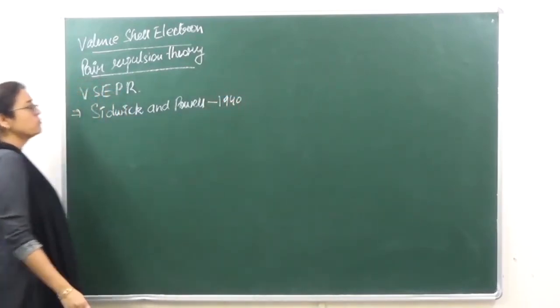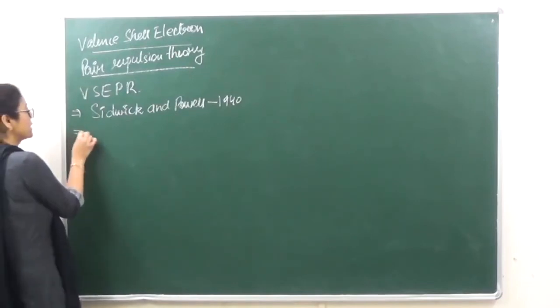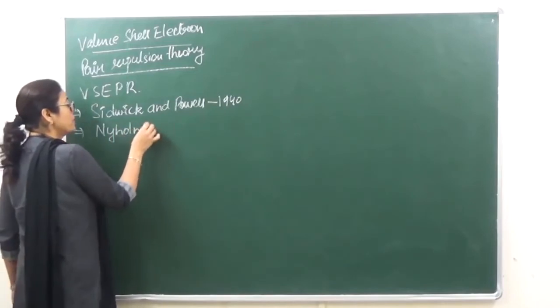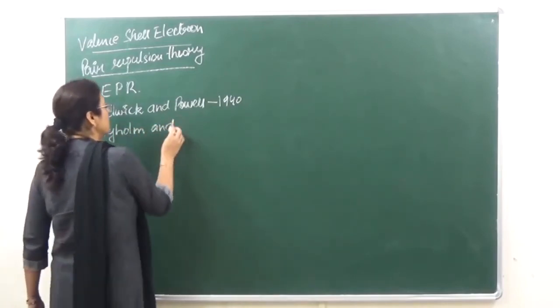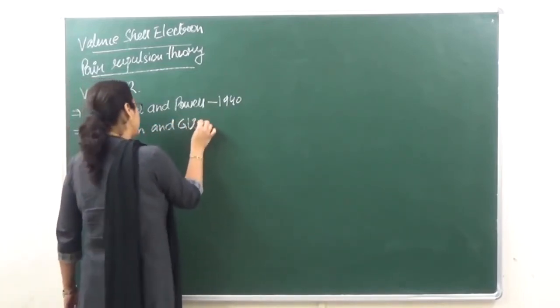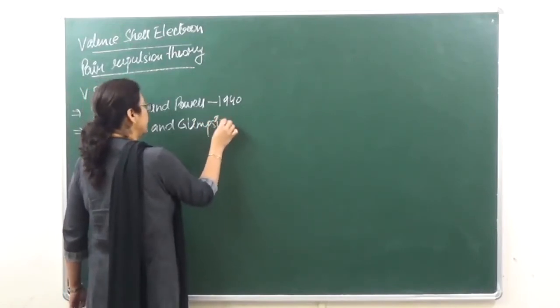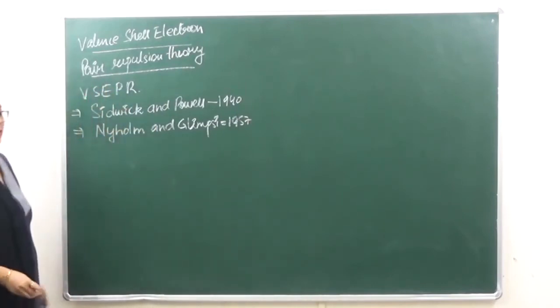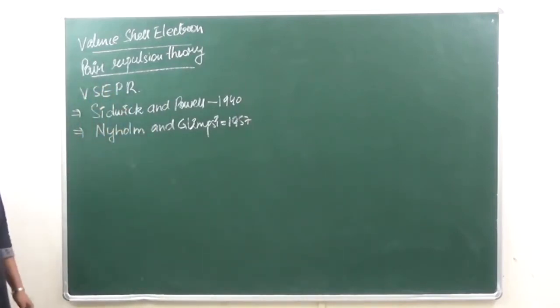And then it was further extended by Nyholm and Gillespie in the year 1957. Now basically what is this theory?